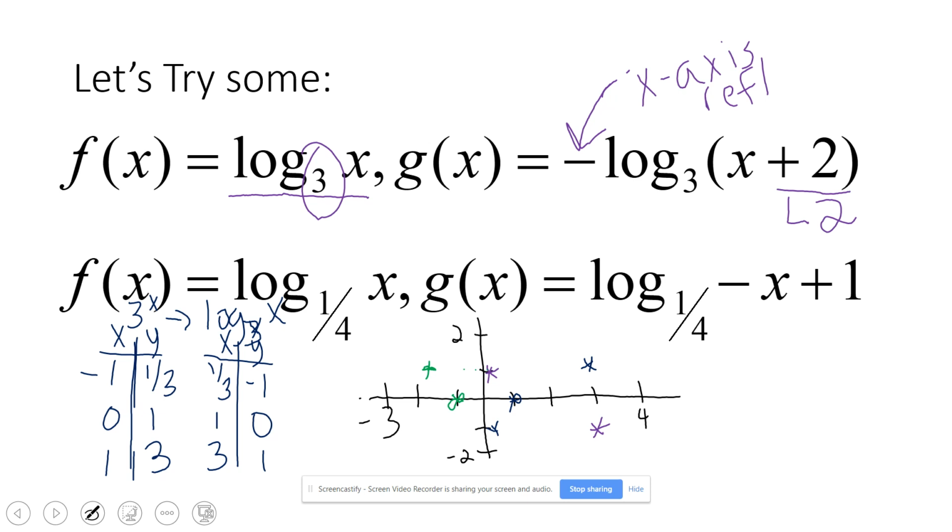And then this 3, negative 1, left 2, gets me here. And then we also know that because we went left 2, our asymptote also moved left 2 at x equals negative 2. And remember, that drives how our graph is going to curve over by the asymptote. And there's our new graph.